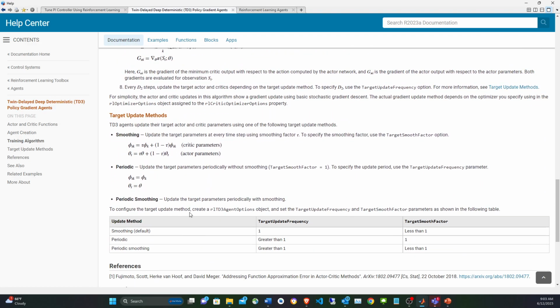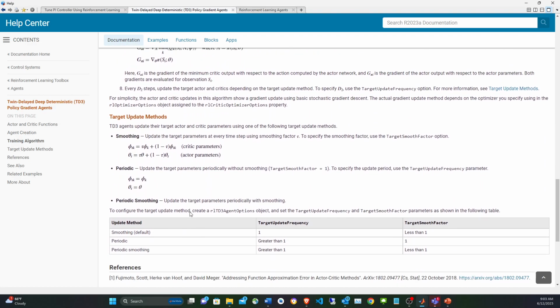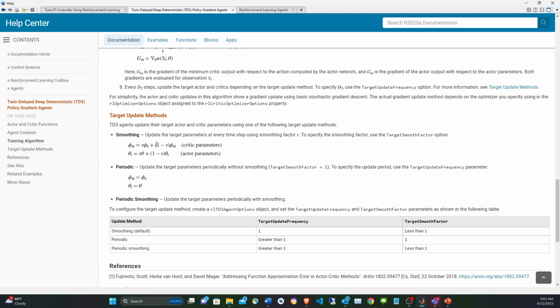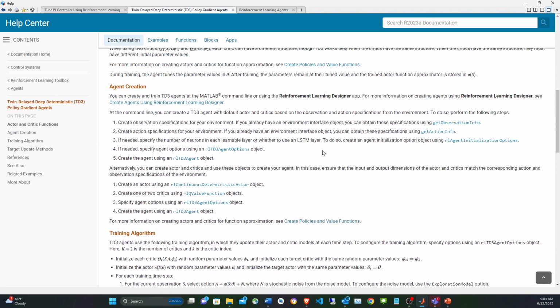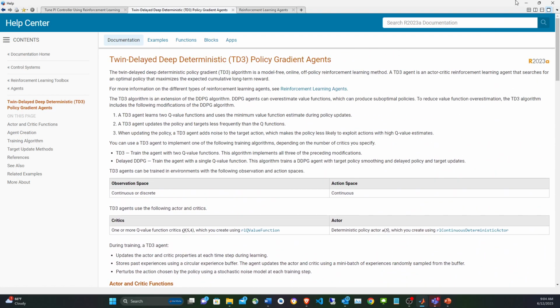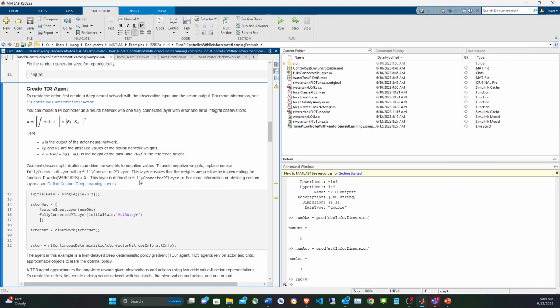And at a given configuration time, you update the targets using the regular parameters, and as in the other models that we have seen, the smooth factor determines how much of each one of the target and non-target you get, and you configure the frequency at which they are updated. So that's the TD3. Now let's go to an example to create it.